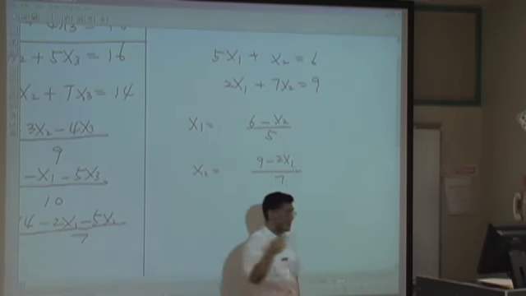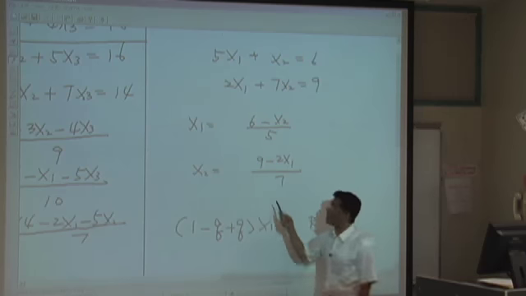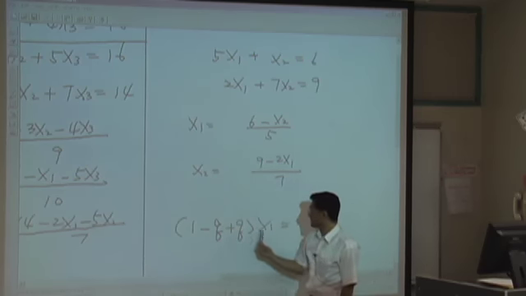How? x1 is 1 plus, I will use minus first. Doesn't matter, but I will use minus first. 1 minus, what letter do you want? Any letter I will use. Q plus Q x1. So I will call this the right hand side, right? You follow me? x1 equals the right hand side, but now x1 is replaced by this.